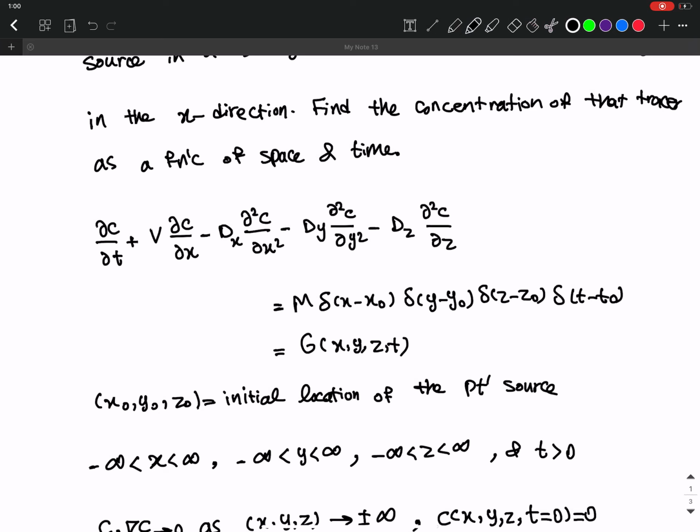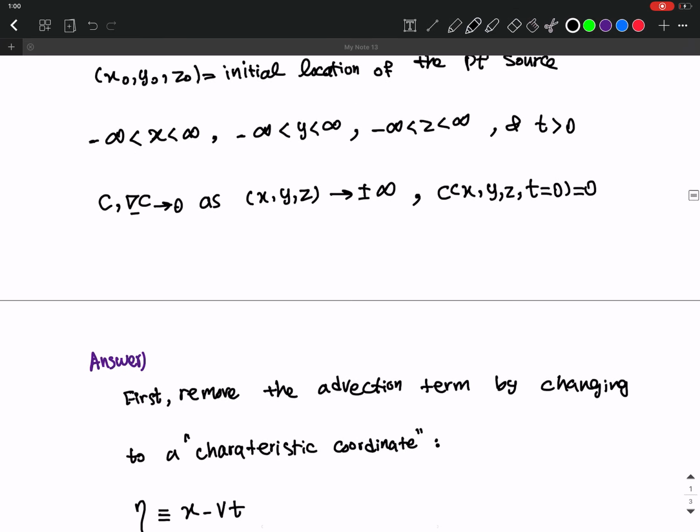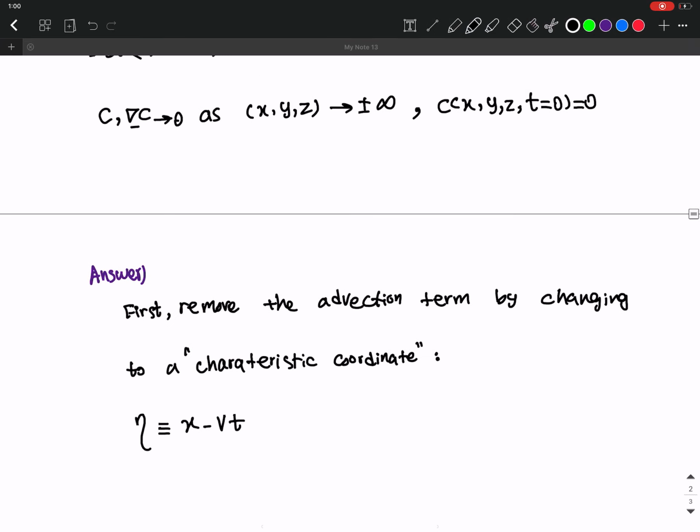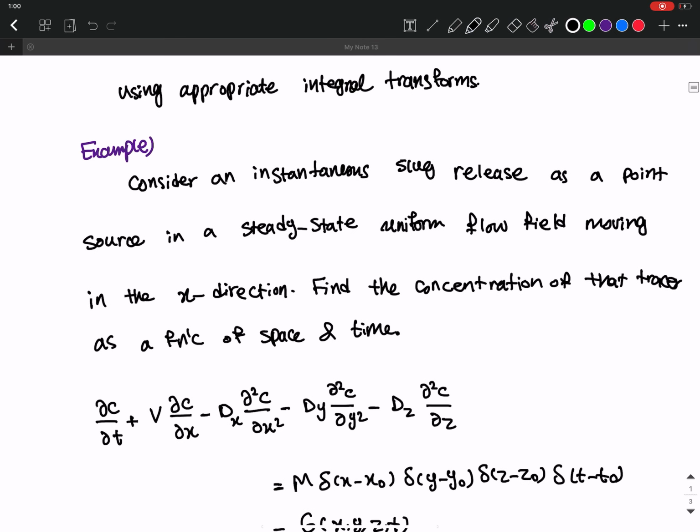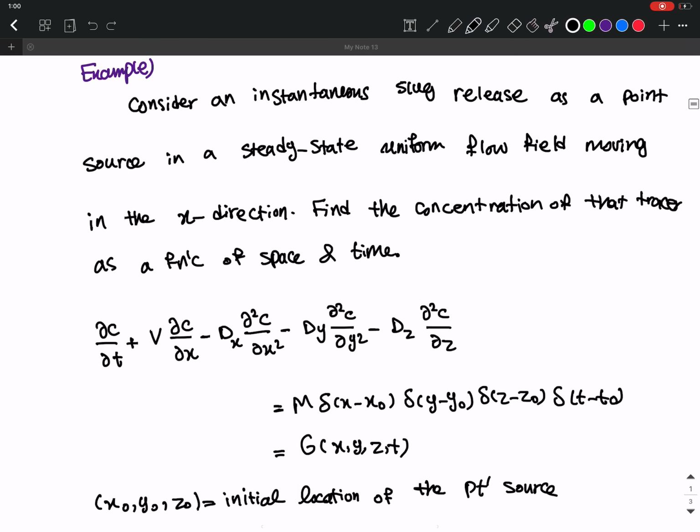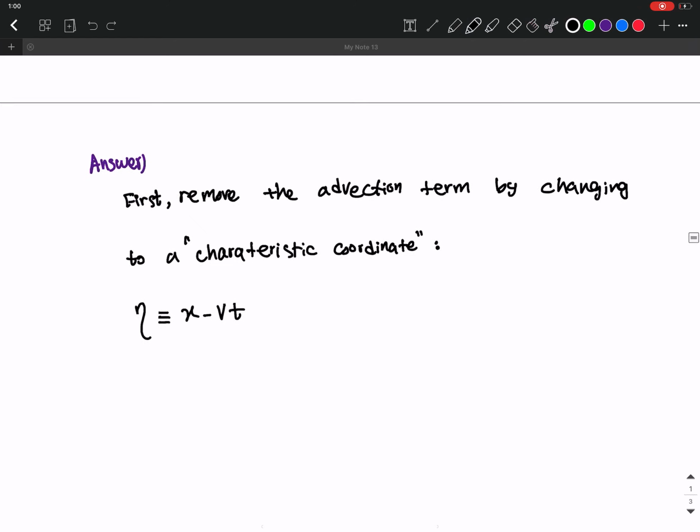This means that we are now in the reference frame of the fluid, like we are moving with the fluid, which is moving with speed v in the x direction. So thus we don't see any advection, so this is going to be 0, and we only see the diffusion if you move with that reference frame.